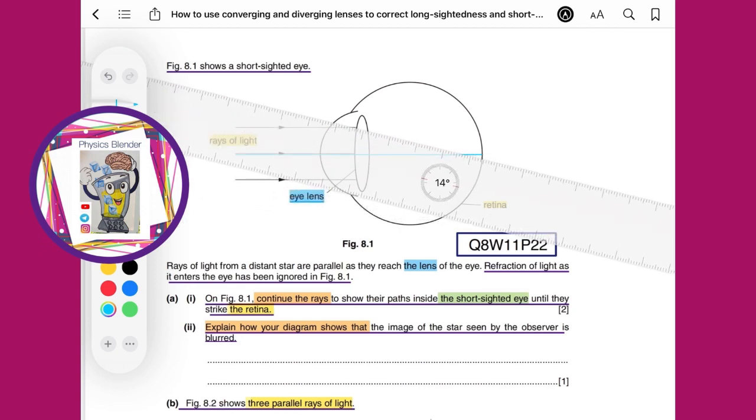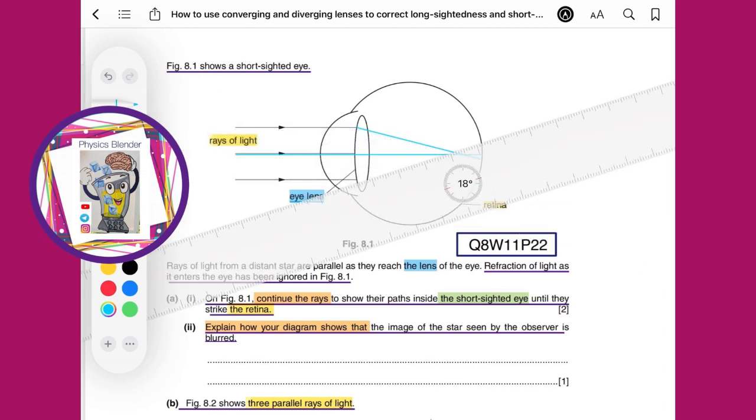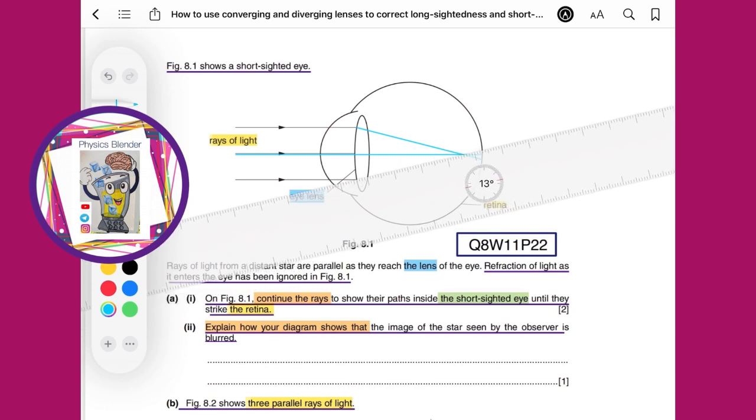This one will refract, and this one here will refract, and they will intersect in front of the retina. In short-sightedness, they intersect in front of the retina.